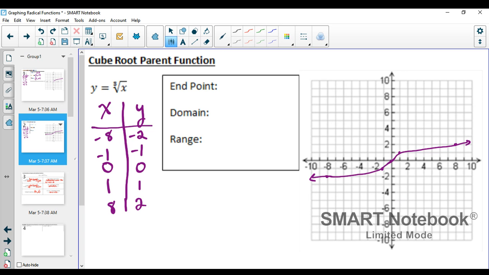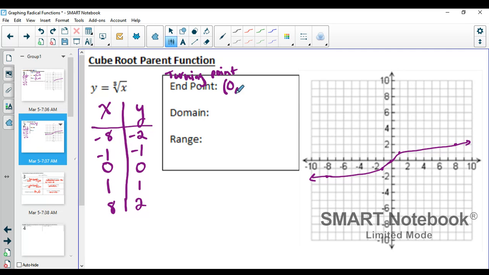Looks better that way. All right, so another name for endpoint is turning point, which we've already talked about a little bit this year. So the turning point is where it changes direction. In this case, the turning point is here because it increases this way, and then it flips direction and goes this way.